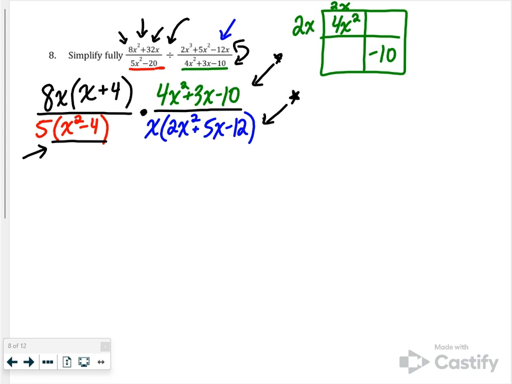So I'm going to try to do a plus 5 and a minus 2. Because that would make a negative 10. So let's see if that works. 2 times 5 is plus 10x, and 2x times negative 2 is going to be minus 4x. So together, we ended up getting plus 6x, and we're going to need plus 3x. So that one did not work.